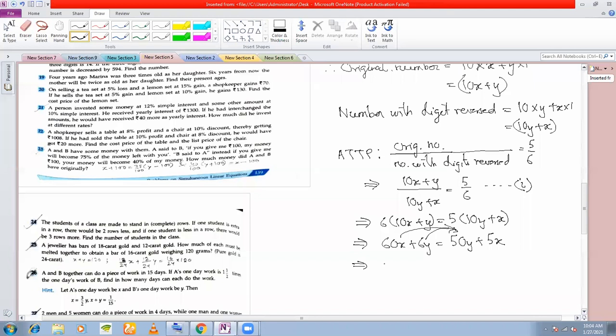So you get 0 is equal to 5x minus 60x plus 50y minus 6y. You could have taken it to the other side also. Fine, anyway, we get 0 is equal to minus 55x plus 54y.